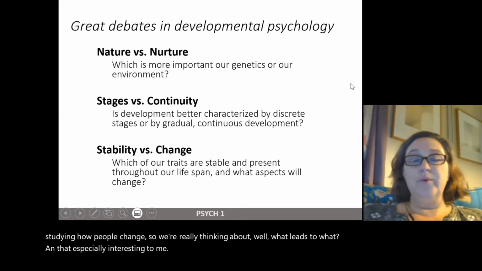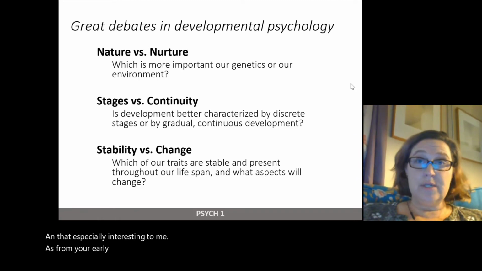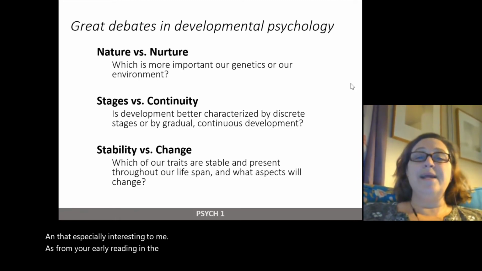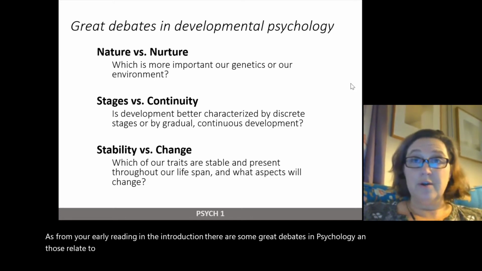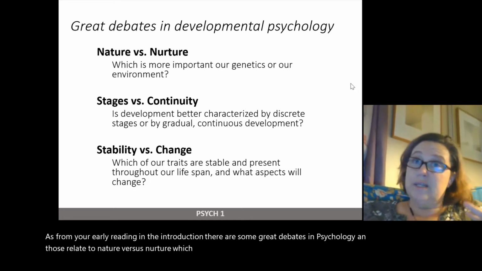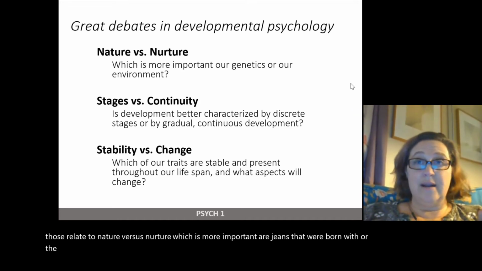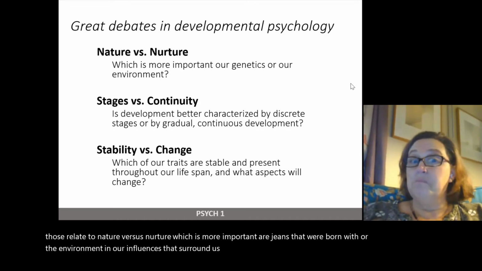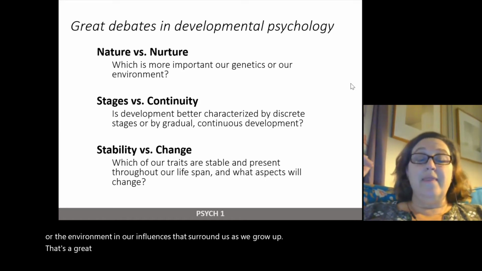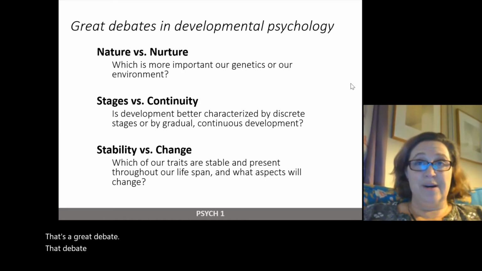As you know from your early reading in the introduction, there are some great debates in psychology, and those relate to nature versus nurture. Which is more important, the genes that we're born with or the environment and the influences that surround us as we grow up? That debate has essentially been resolved to say it's both.